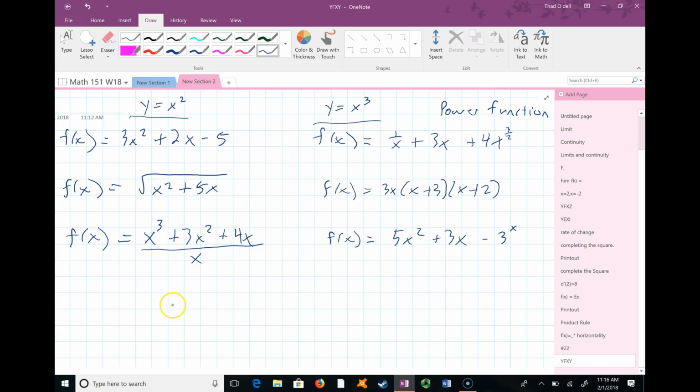So a polynomial is a collection of power functions added together.